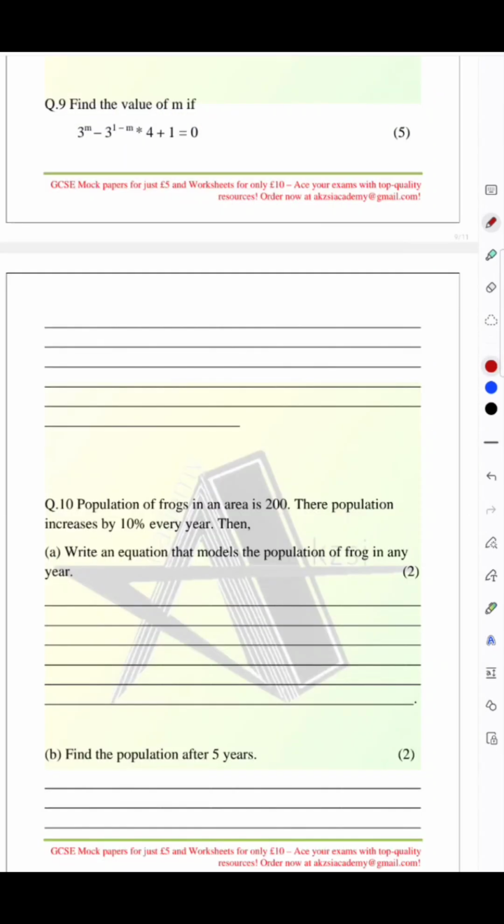Now question 9 says find the value of m if 3 to the power of m minus 3 to the power of 1 minus m plus 1 equals 0. Now see this one.